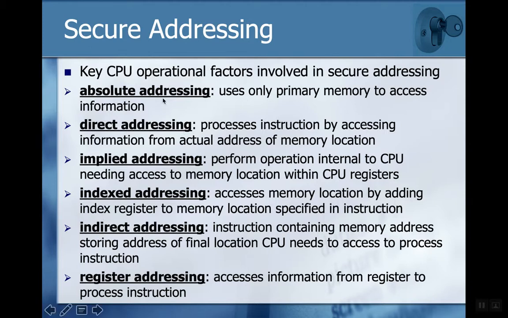So absolute, direct, implied addressing, index addressing, indirect addressing. So the idea is controlling this. Once again, it's an interesting area because historically there were not a lot of attack vectors at the lower, process level.